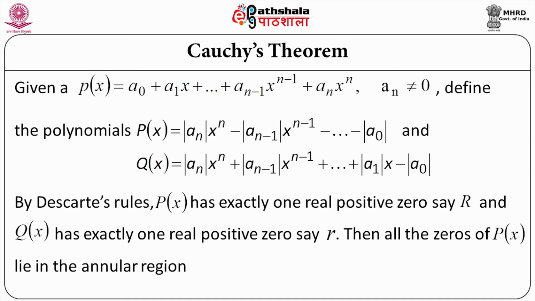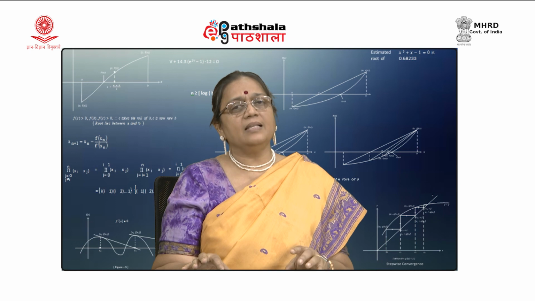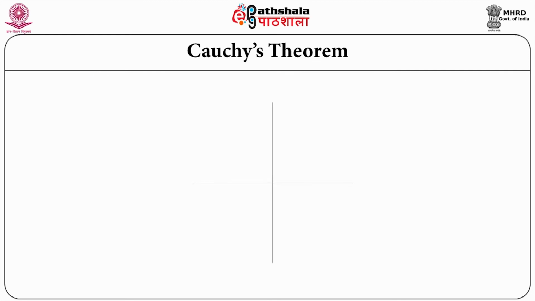So, if we find those one positive root by Descartes rule, let us say the P x positive root as capital R and Q x positive root as small r, then Cauchy's theorem states that all the roots of polynomial P x lie in the annular region, which is given by small r less than or equal to mod z less than or equal to capital R. So, this is how it looks.